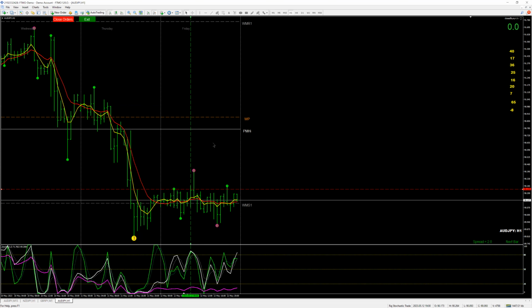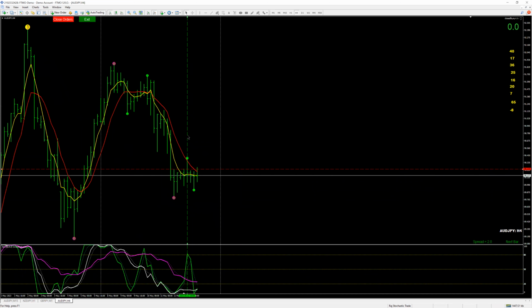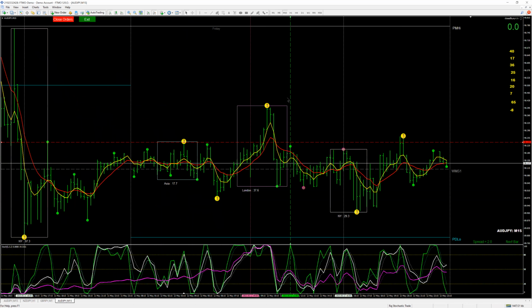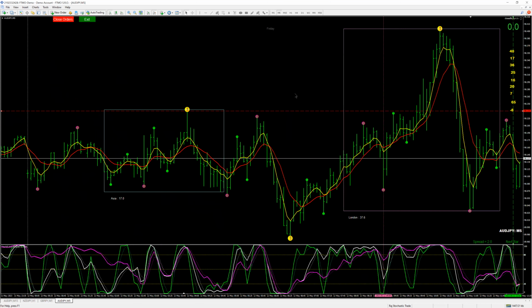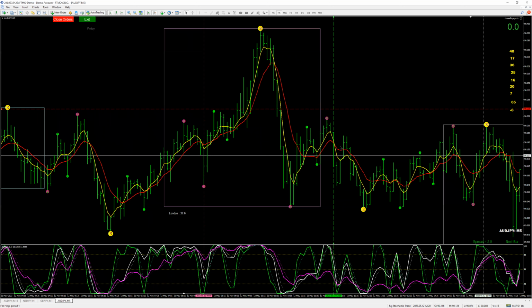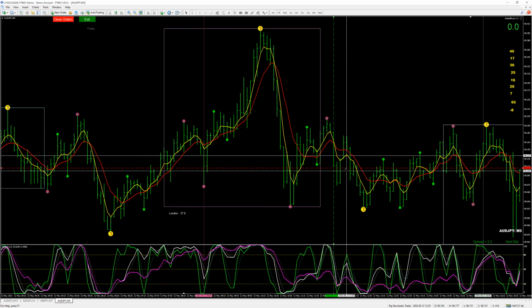Okay, and then we have a cycle down. 4 hour cycle down happens here. 15 minute cycle down. 5 minute gives me an entry right away. Then stop loss.